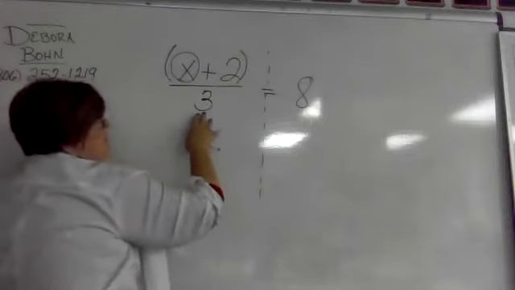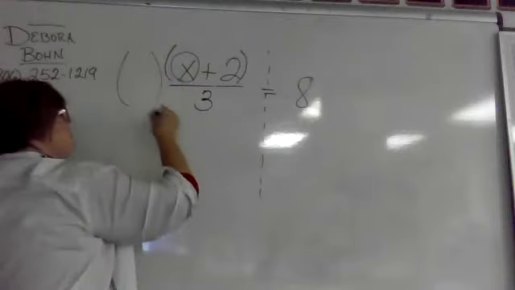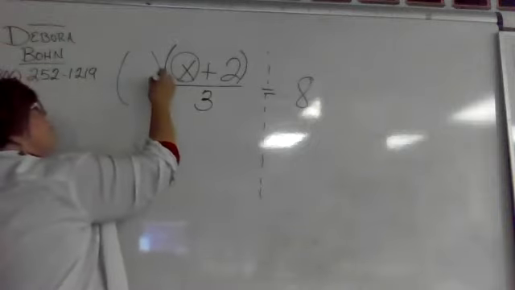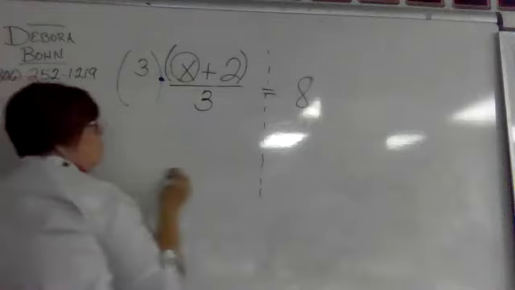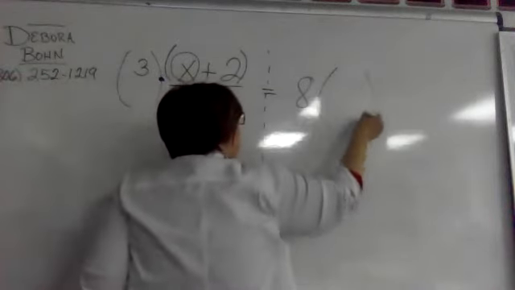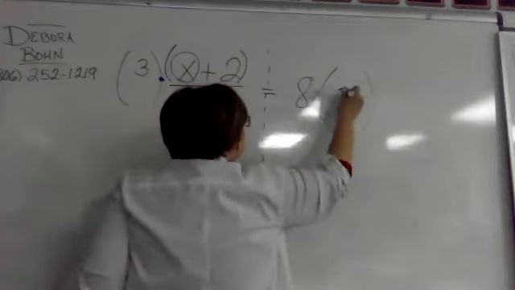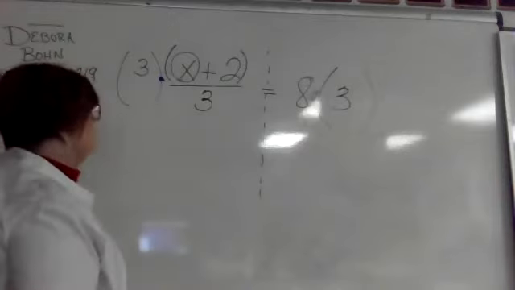So when we have divide like this, let's go out to the side and multiply. It's the same thing. So since it's divided by 3, we're going to multiply by 3. And we're going to multiply by 3 over here because we do the same thing on both sides to keep the equation balanced.